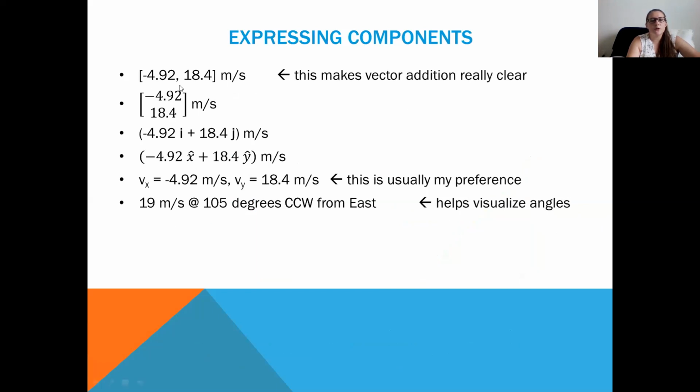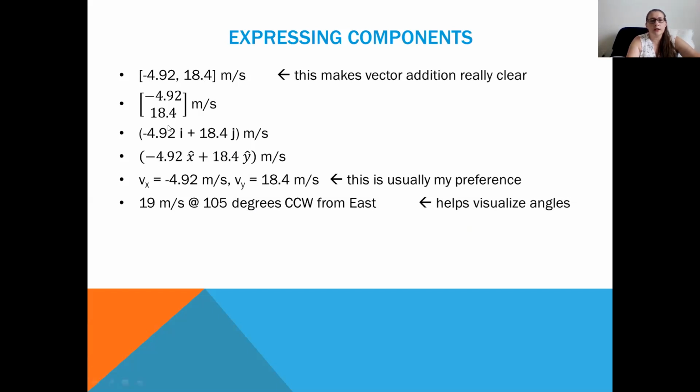So this first example here, you might see this in your math class, like your x coordinate and your y coordinate. So this tells us our x component and our y component of a particular vector. In this case, our units are meters per second. So we're dealing with a velocity, how fast we're going in a certain direction.